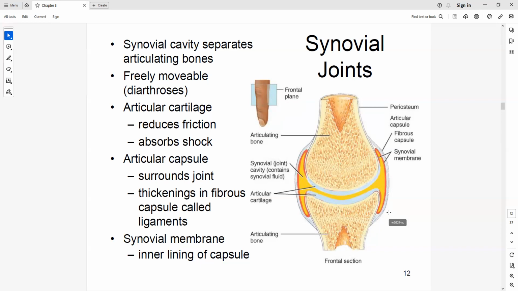So the capsule is not just a bag, but it also is home for these strong rope-like ligaments. And these are the ligaments that in the tissues we classified as dense regular connective tissue, very similar to tendon.